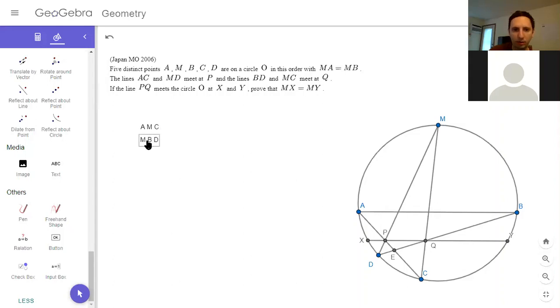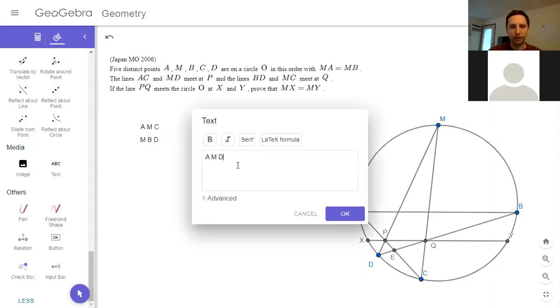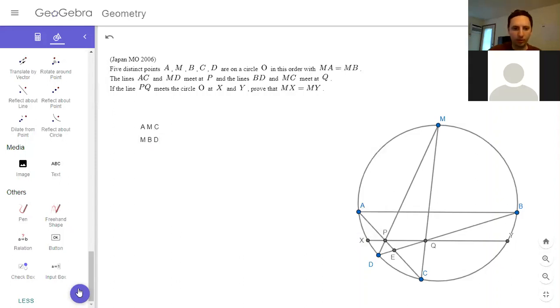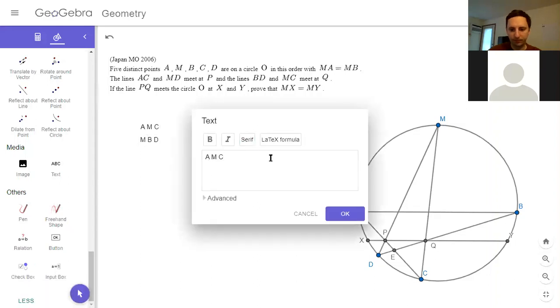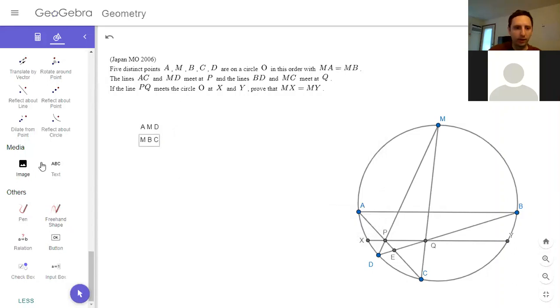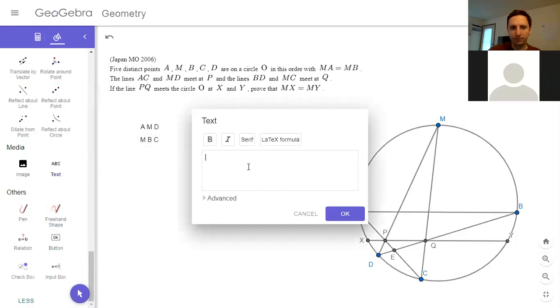Maybe I should swap B and C. Okay. So if I call that D and this C, then we have AB intersects MM at the point at infinity on line AB.